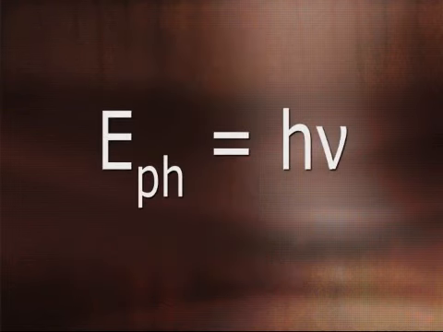Each photon is a quantum of energy, which is represented here as h nu. E_ph denotes the energy of a photon. Thus, radiant energy has limited values.